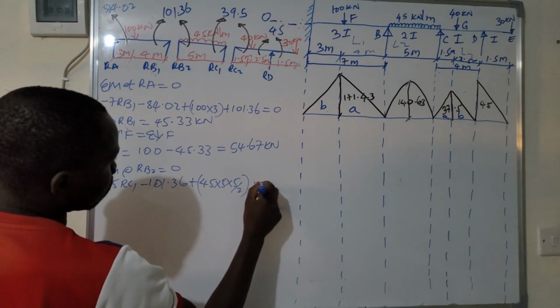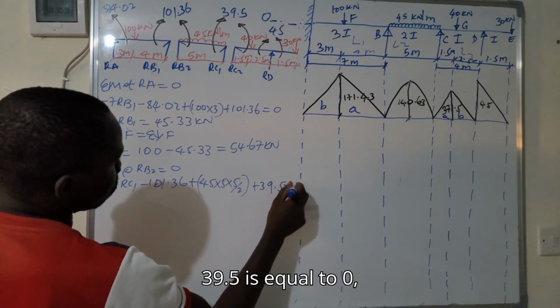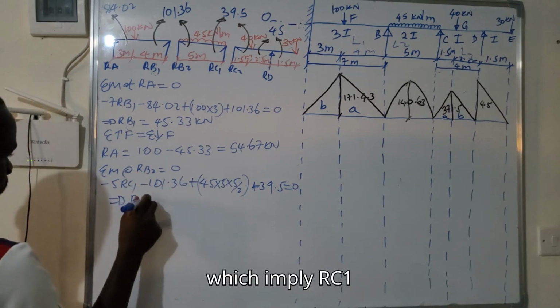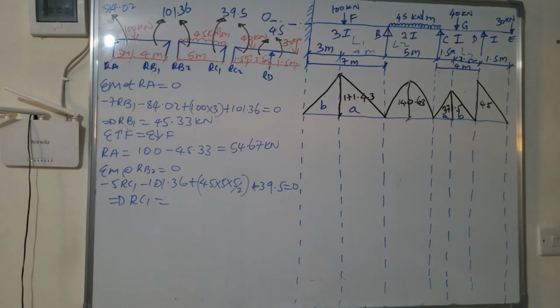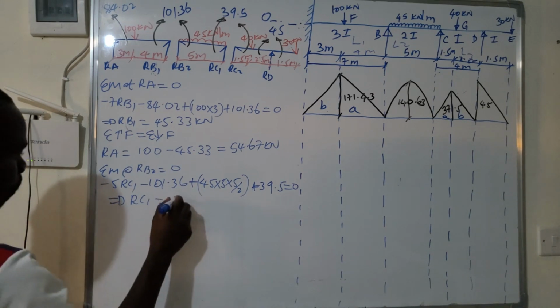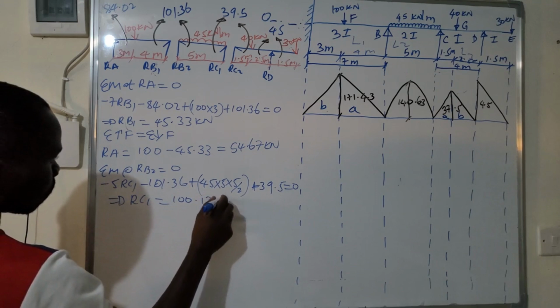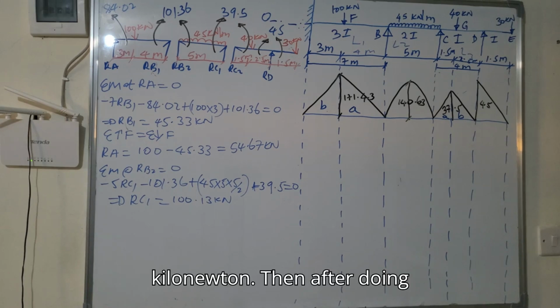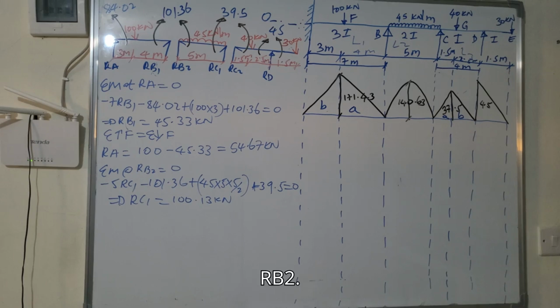So plus 39.5 is equal to 0, which imply RC1 is equal to 100.13 kilonewton. And then after doing so, we'll find RB2.